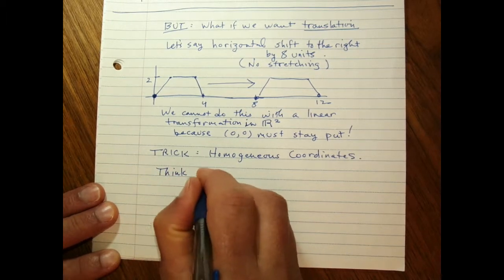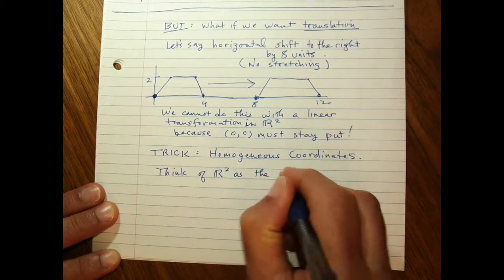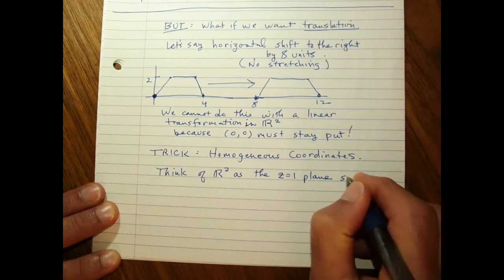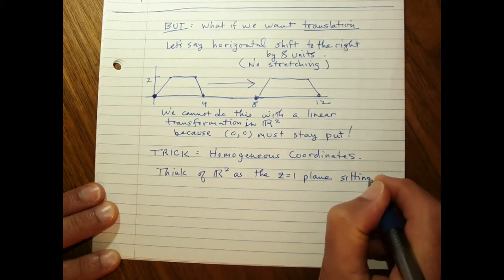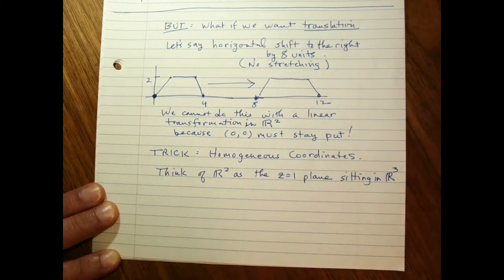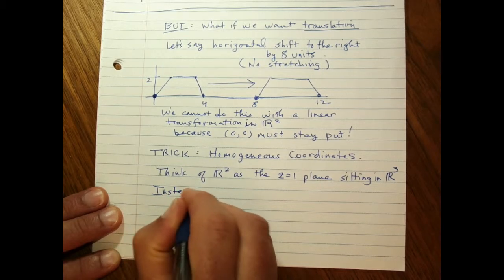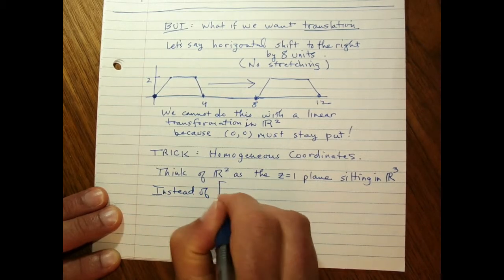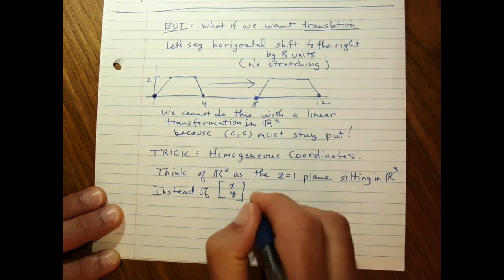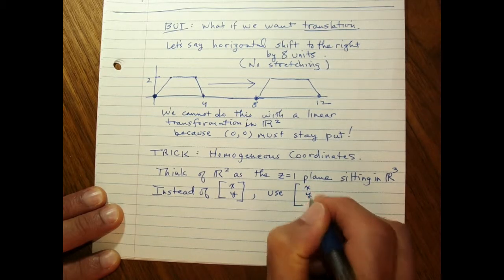We're going to think of R2 as the z equals 1 plane sitting in R3, three-dimensional space. So instead of an xy point or vector in R2, we're going to use (x, y, 1).